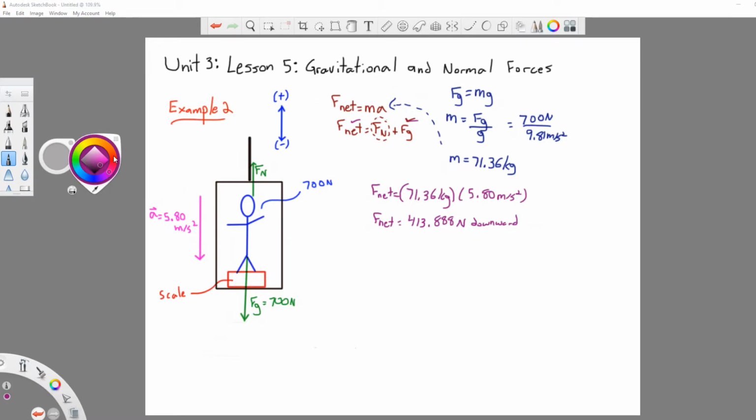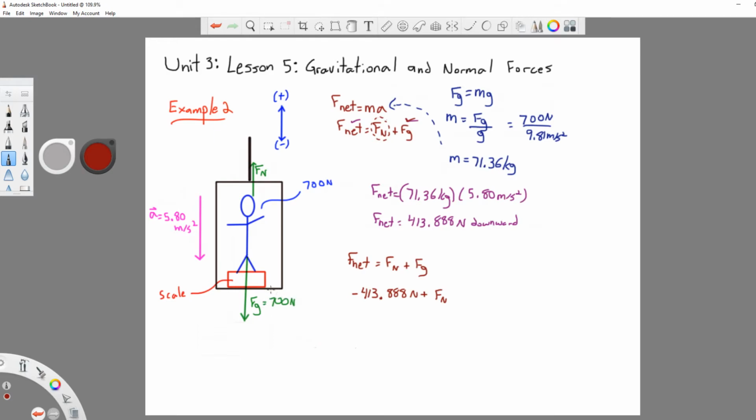So, to red, and we're done. F net is equal to the sum of all the forces. There's only two here: force normal plus force of gravity. Our net force is equal to negative 413.888 newtons, which equals force normal, which we don't have yet, plus force of gravity, negative 700 newtons.